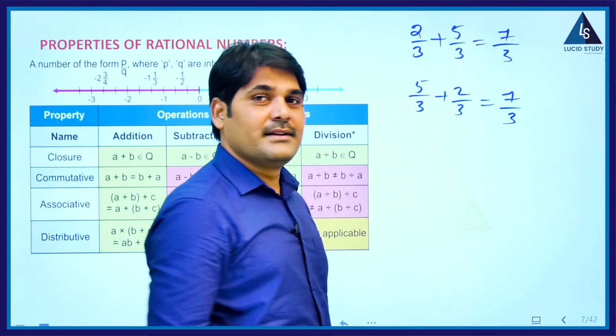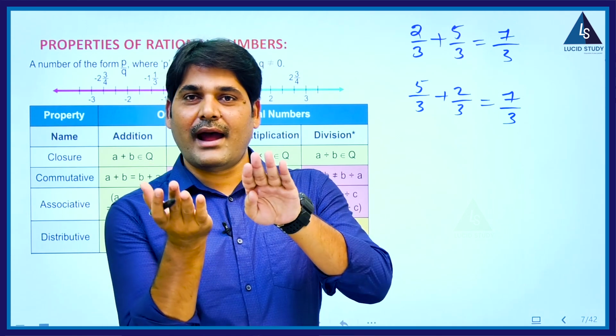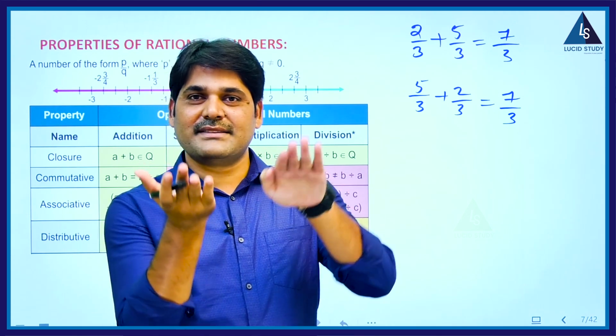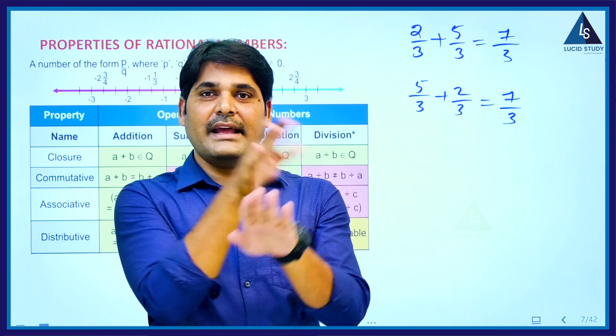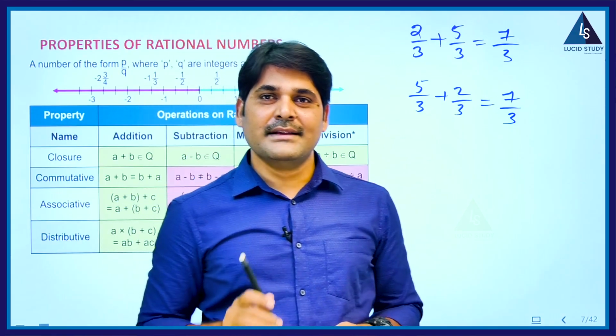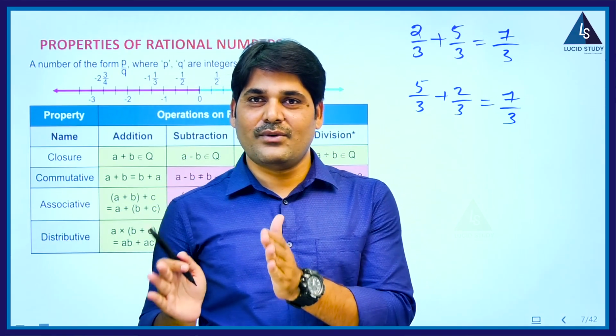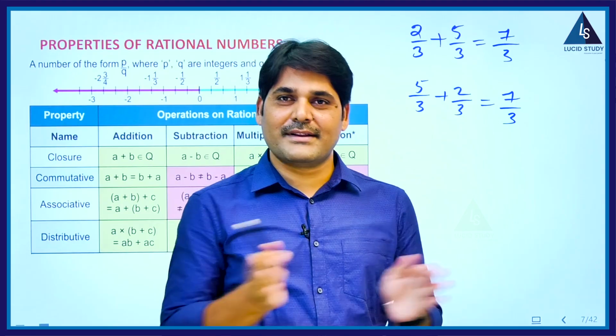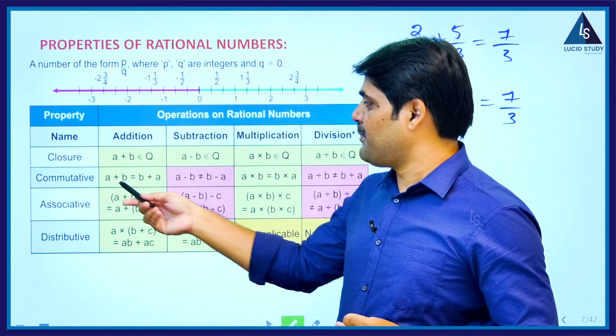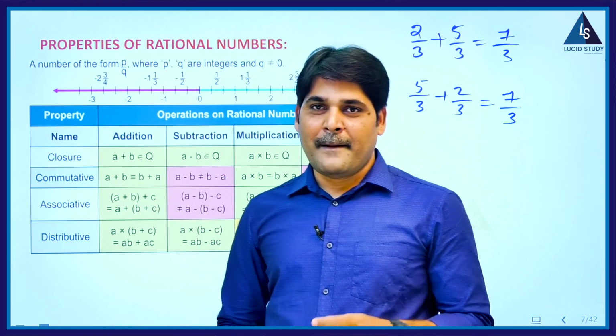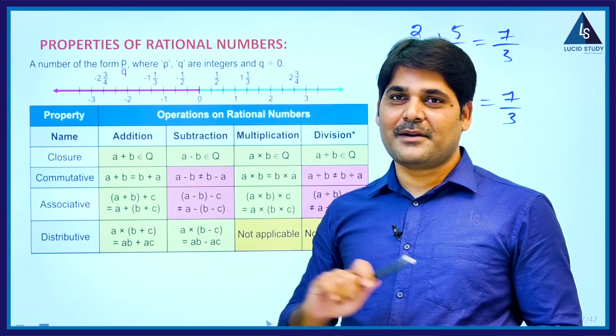Again the answer is 7 by 3. That means if you add any two rational numbers in any order, then the answer will be the same. That means a plus b is equal to b plus a. So that is what we say: a plus b is equal to b plus a.